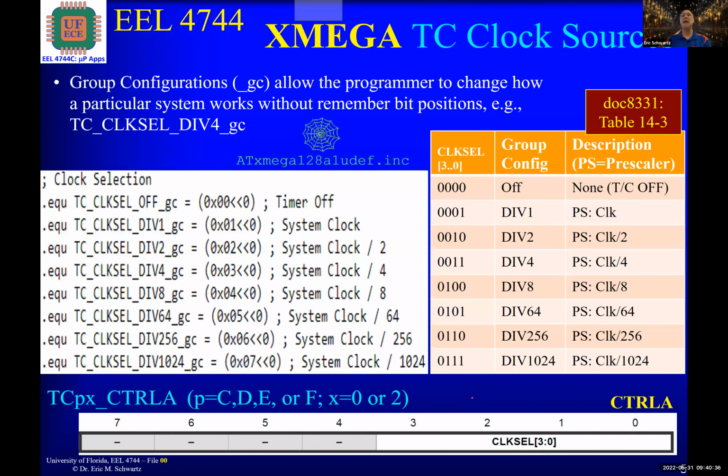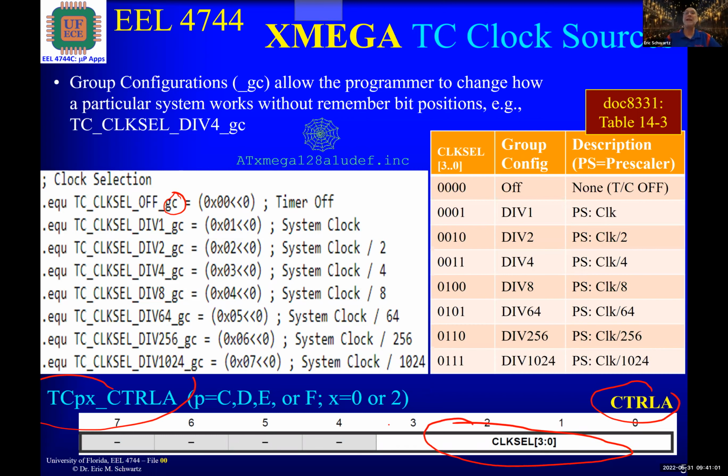Okay, so for the clock dividers, which you've used in your timers, these are what's called group configurations. So this is the control A register for some particular timer counter. And we see the bits that matter are all in the low 4 bits.